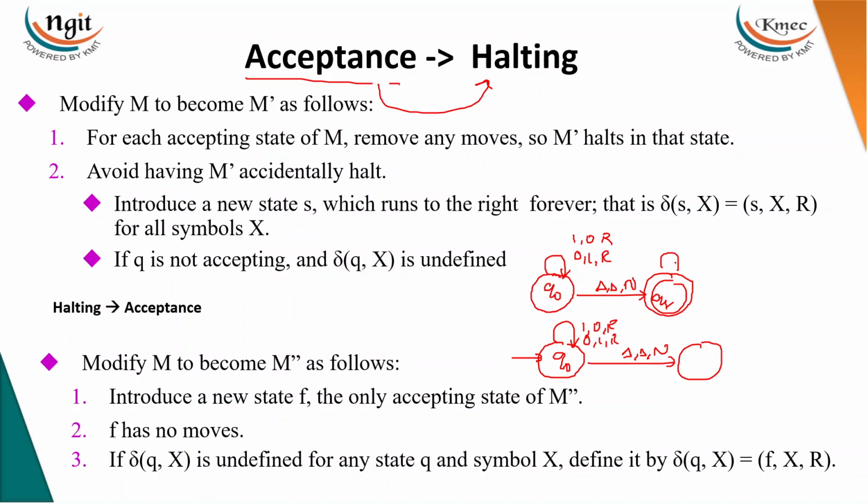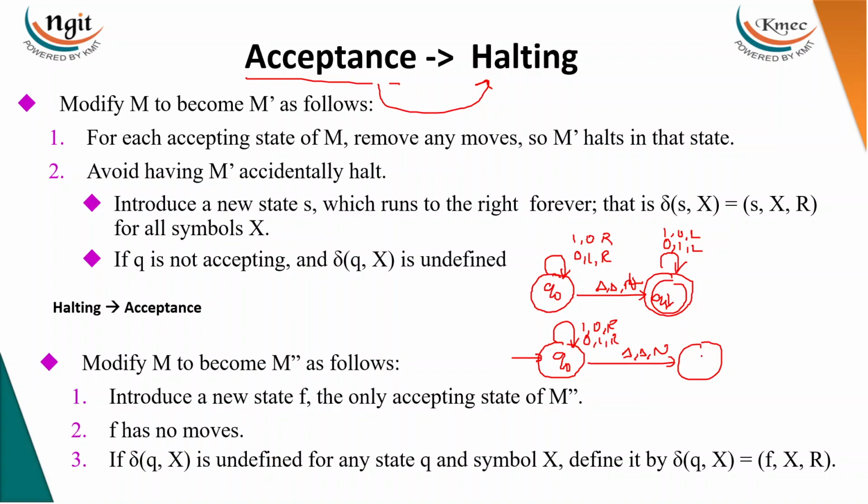Sir, what if I have a 2's complement like this, with 0 1 left or 1 0 something? If you have such moves, first you have to remove them, but removing them will change the language.